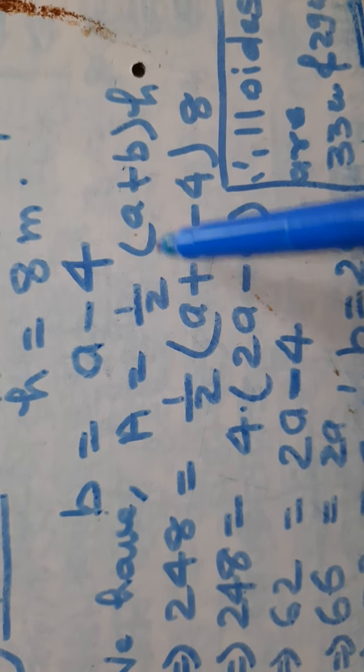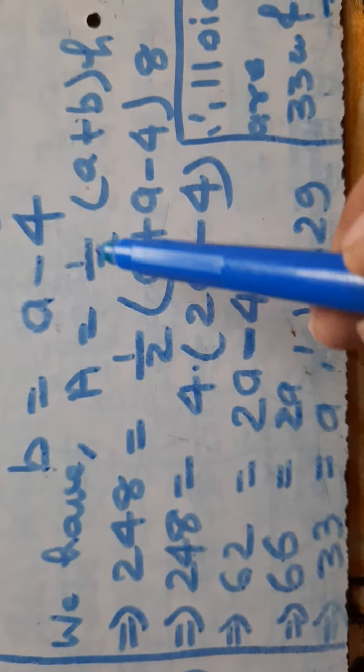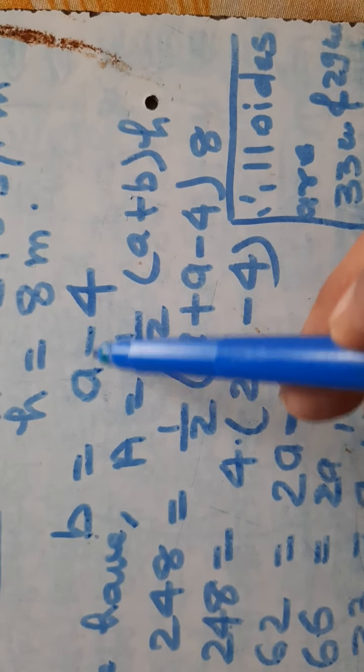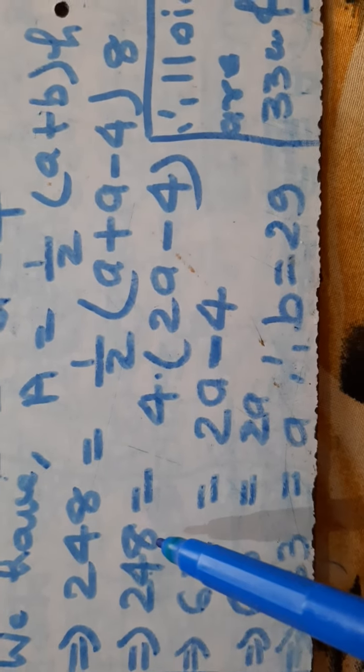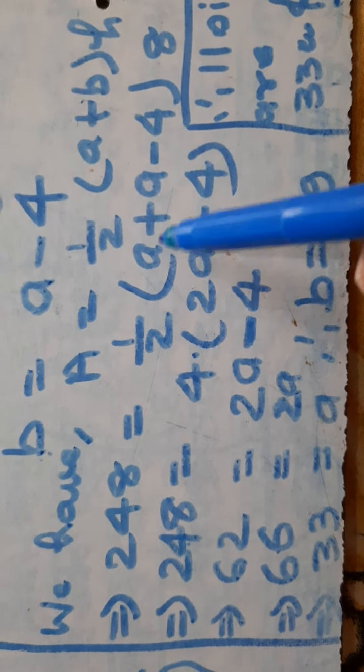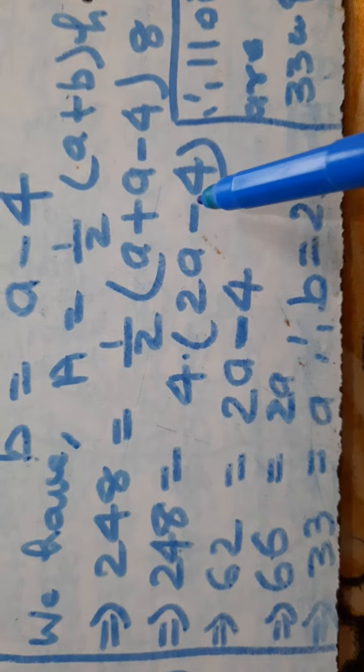We have A is equal to 1 by 2 into (a plus b) into h. Putting values, we get 248 is equal to 1 by 2 into (a plus b), with b as a minus 4, into 8, or 248 is equal to 4 into (a plus a minus 4).